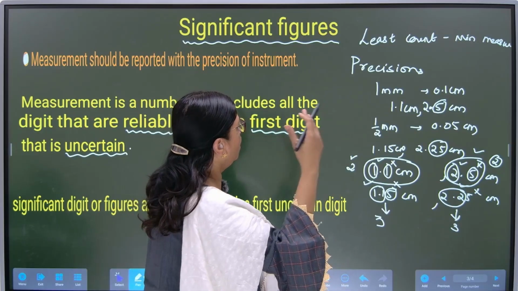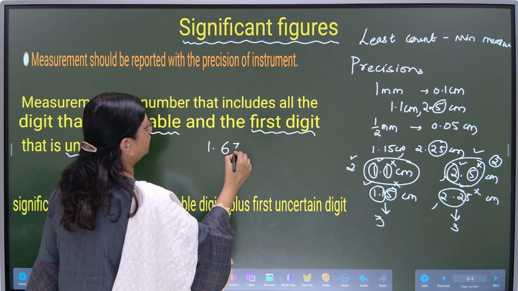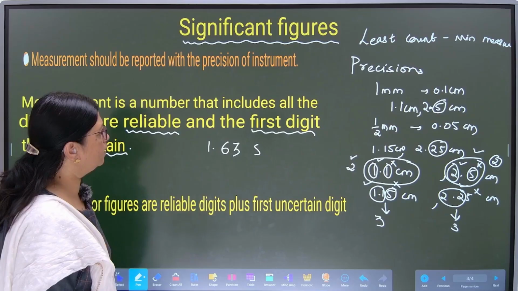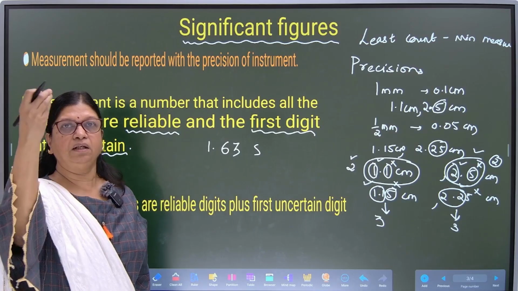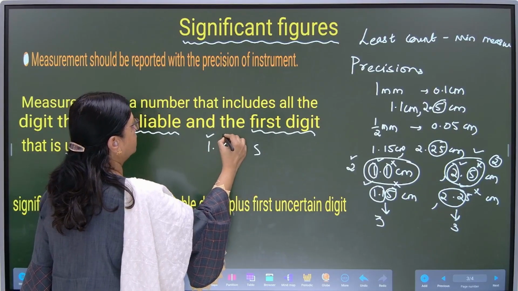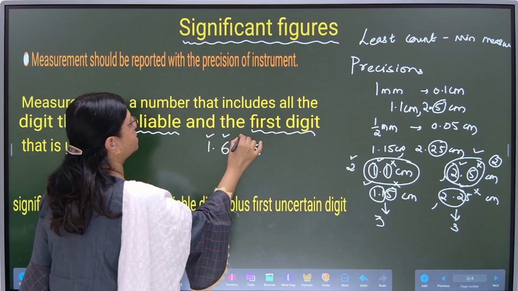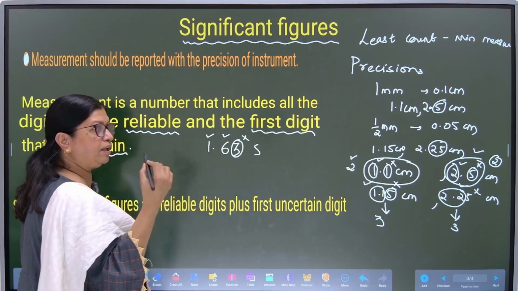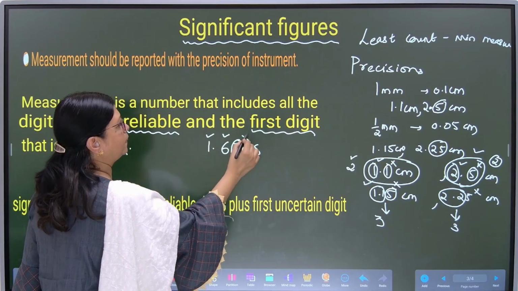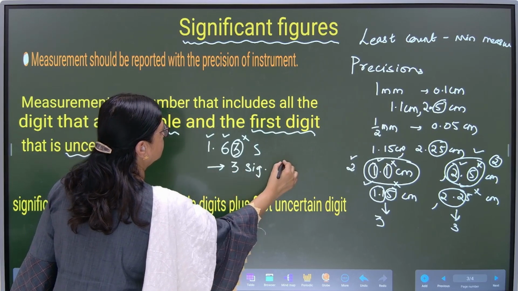Another example can also be given, like you are measuring the period of oscillation, 1.63 seconds. What should be the answer for the significant digits this number has? The first digit is reliable, 6 is also reliable, 3 is the first digit which is uncertain. So the number of significant digits is 1 plus 1 plus 1, that is 3 significant digits.